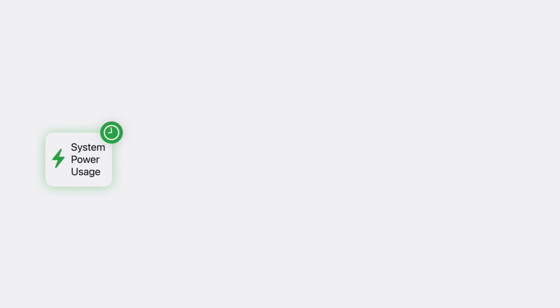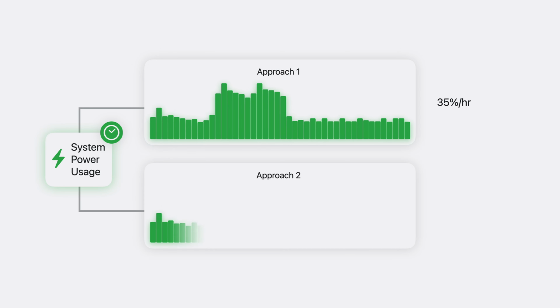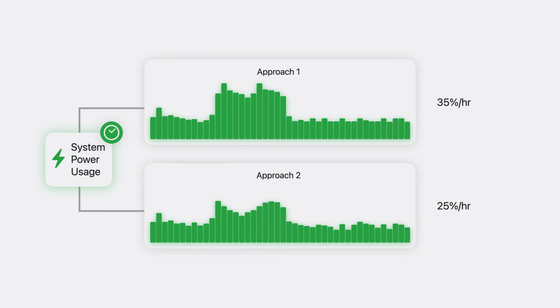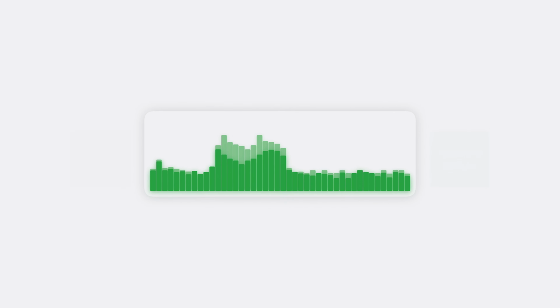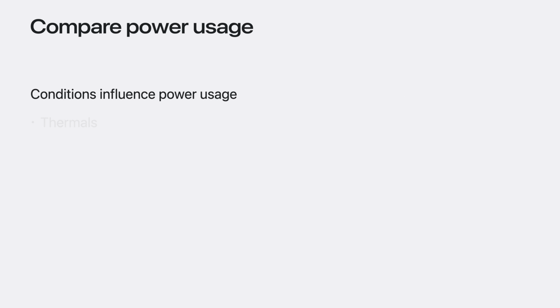This is where you can leverage the Power Profiler, specifically for comparing the impact. You can profile your app with one approach and profile it again with the second approach, and compare these values. Keep in mind that conditions like thermals, device state, and system pressure can impact how much power is ultimately used.